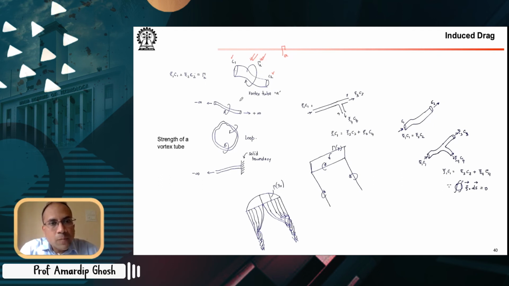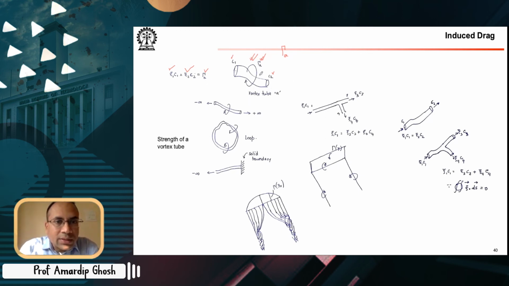Now keep in mind that if this has to be conserved like this, then you cannot have a sudden termination, because then this inflow of vorticity multiplied by cross section area, and outflow of vorticity multiplied by cross section area will not hold.